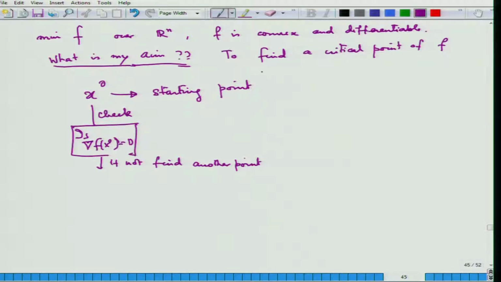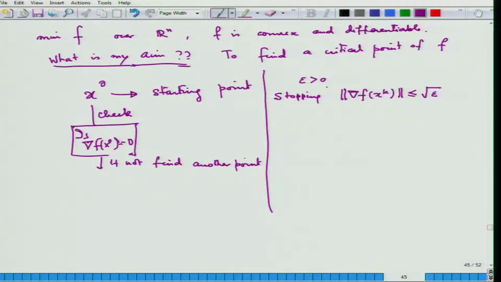So, the idea of the algorithm is that you fix a very small epsilon greater than 0. Let me say my stopping criterion is the following: if I find an x k such that the norm of the gradient of f at x k is less than root epsilon, that is the stopping rule.